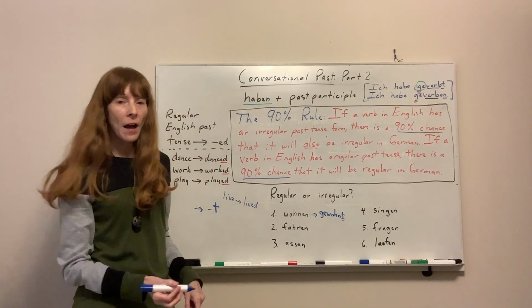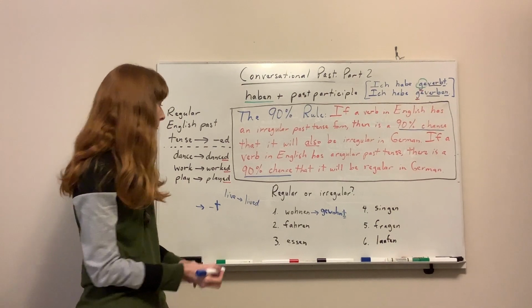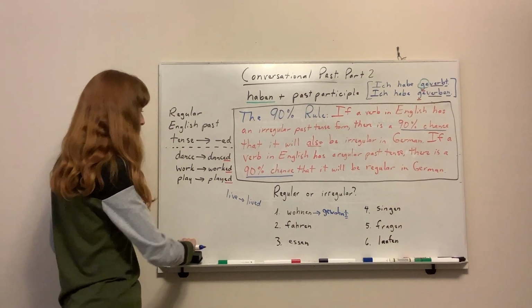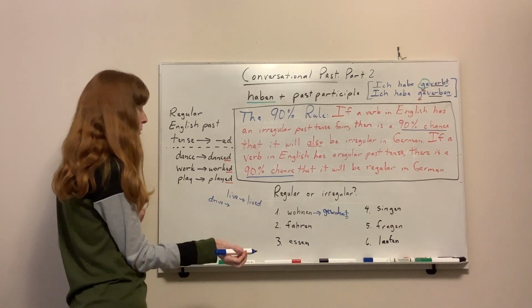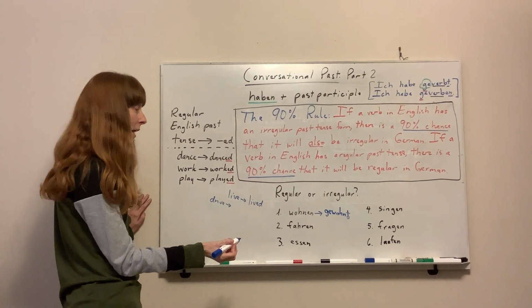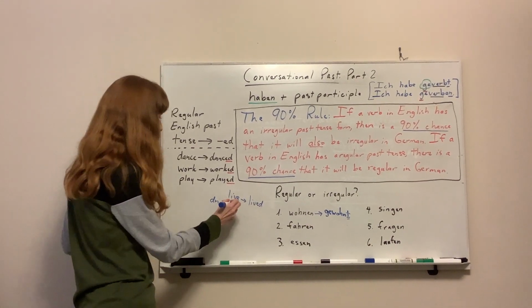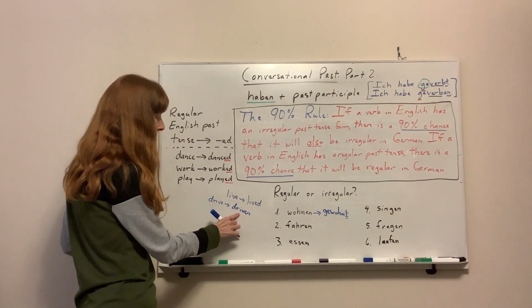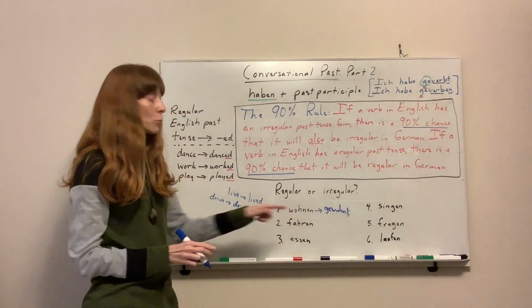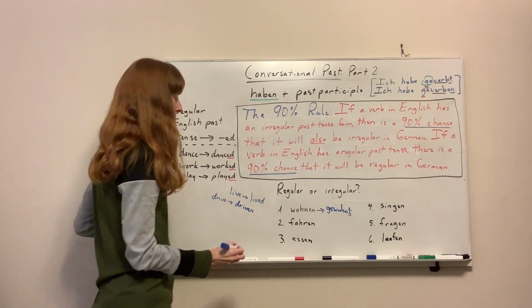Okay, number 2, fahren, to drive. So let's think what it does in English. Drive. We would not say drived. I have drived to town. That's wrong. So that tells us right there, this is irregular in English. There's a 90% chance that it will also be irregular in German.